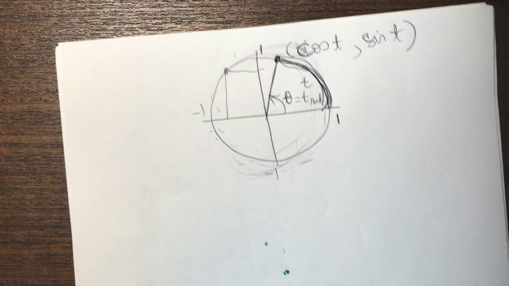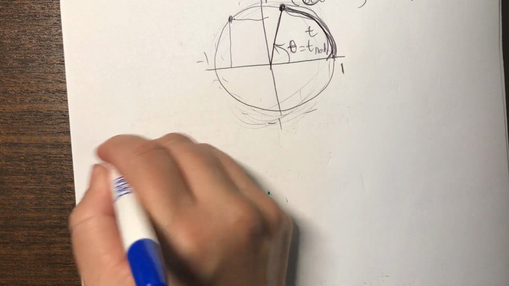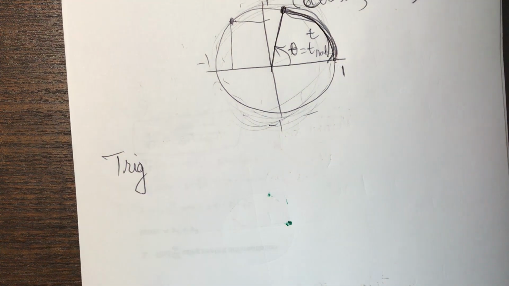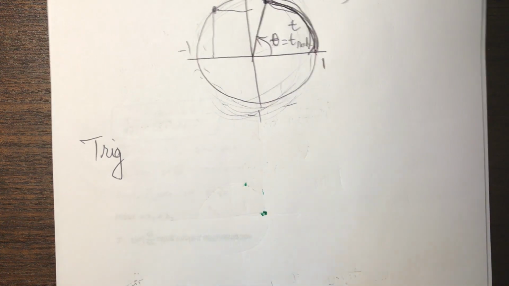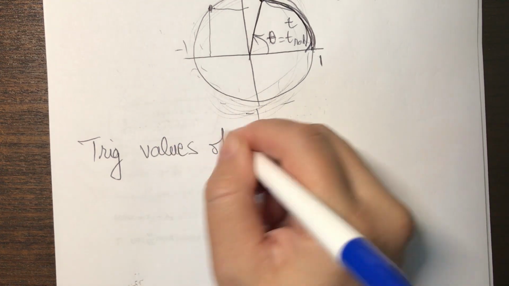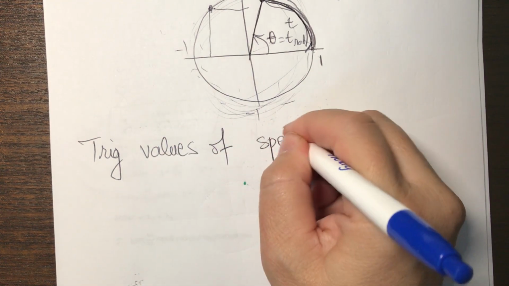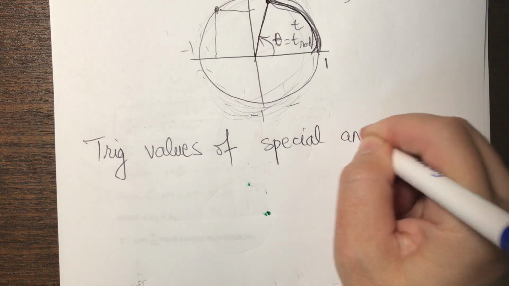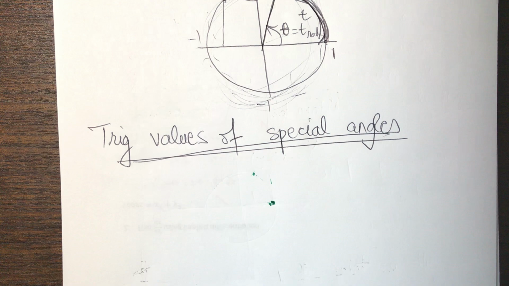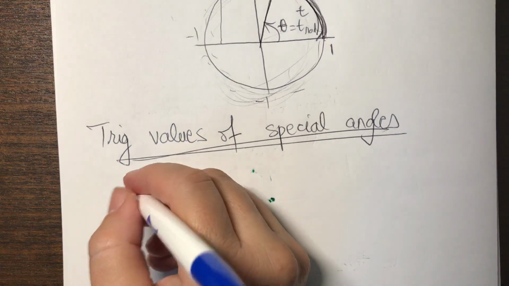Okay, now, what we have, of course, are calculators, but how does your calculator even know to measure? Because mostly what it does is based on special angles. So that's what we'll be talking about. Which special angles are we talking about? Something that we already know how to find. So, super easy.